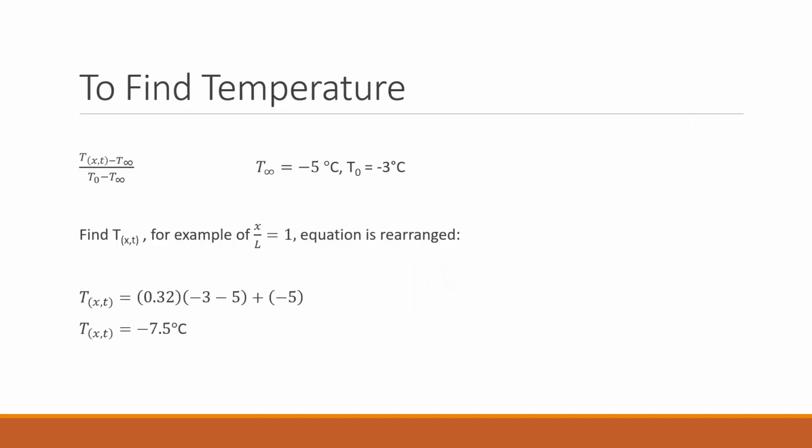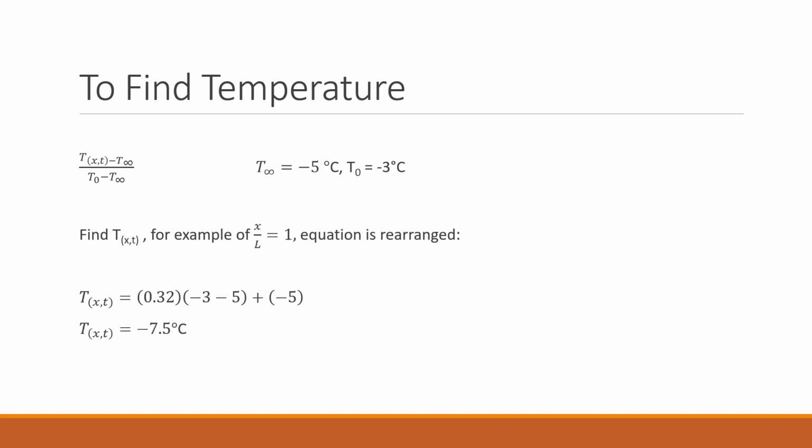And to find the temperature from the value that we read off the Heisler chart, we're using the equation (T(x,t) − T∞)/(T0 − T∞) equals the dimensionless temperature. Our T∞ is -5 degrees, which is the lowest temperature, and our T0 is the temperature of the soil, which is assumed to be -3 degrees, as the soil would be a little bit warmer than the air.